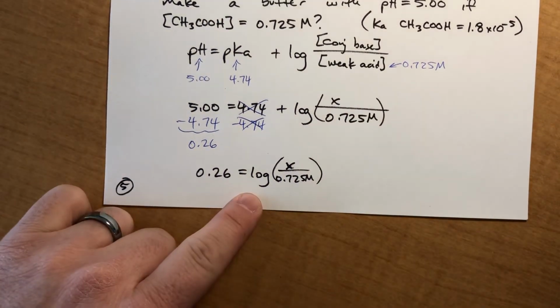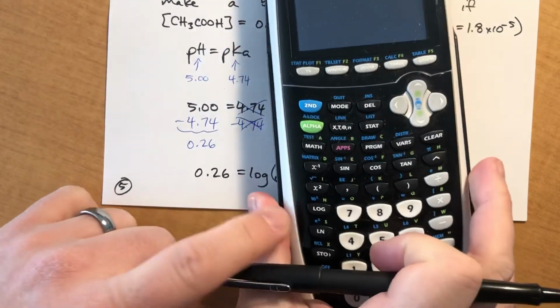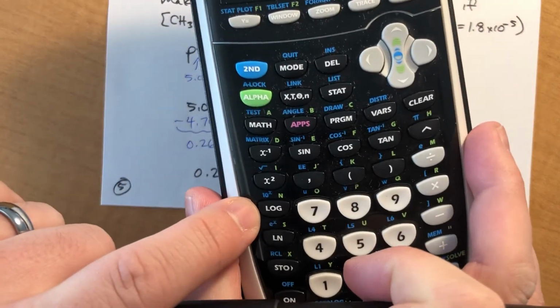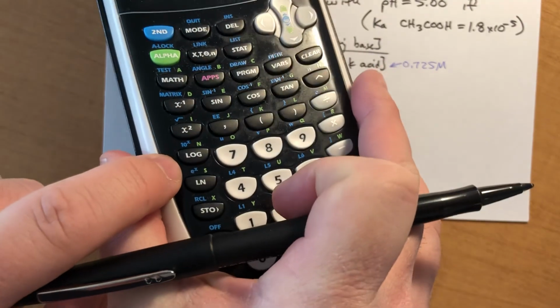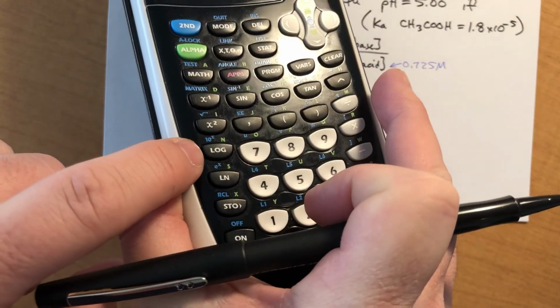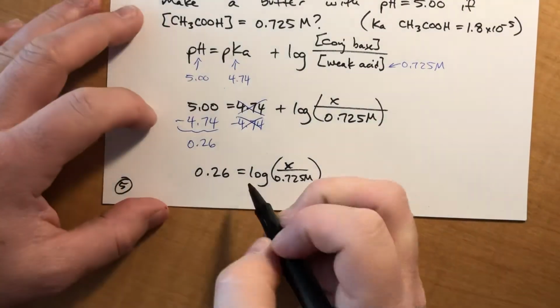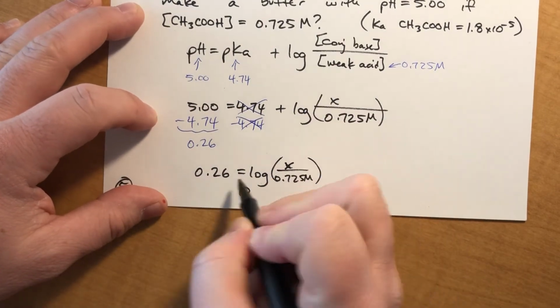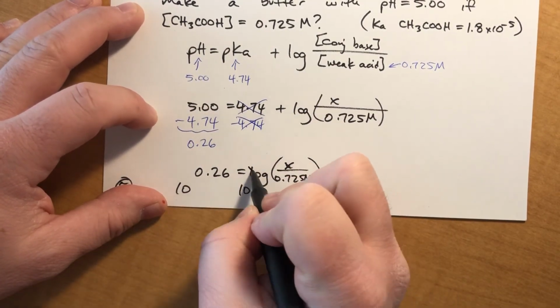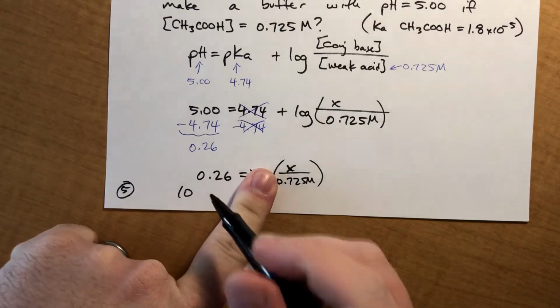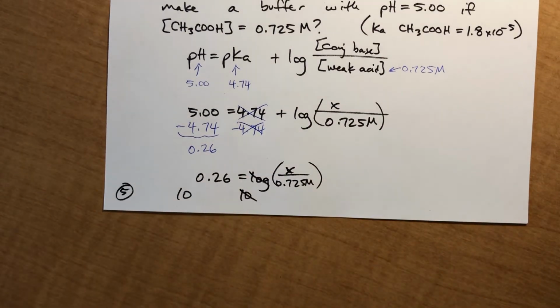Now we need to get rid of the logarithm. As we've seen on calculators, if you have a log, the secondary function is 10 to the x. So we need to make all of this an exponent of 10 on both sides. On this side, that cancels out the log, but this is 10 to the 0.26.